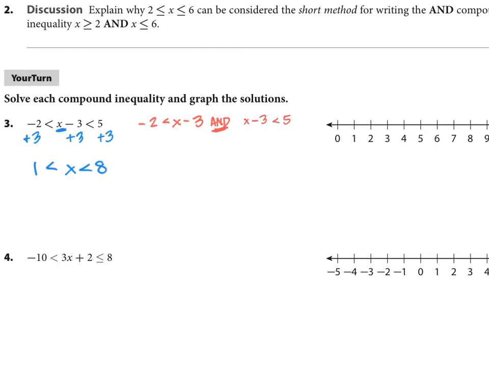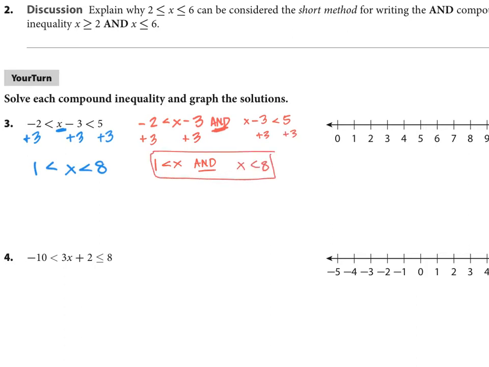Okay, so I need to find the solution where negative 2 is less than x minus 3 and x minus 3 is less than 5. If I solve each of these, you should be able to solve each of these two inequalities. Then I'm going to get 1 is less than x, and for the second one, add 3 again to both sides, and x is less than 8.